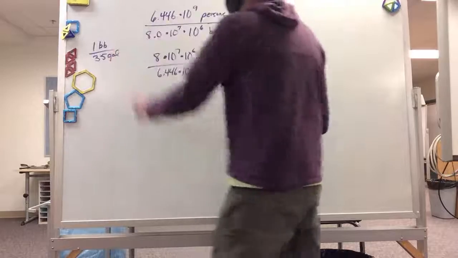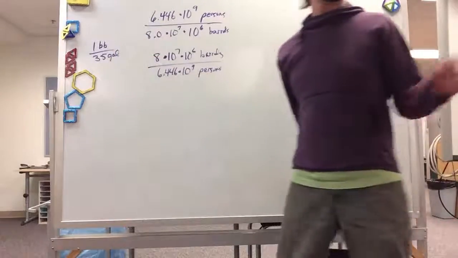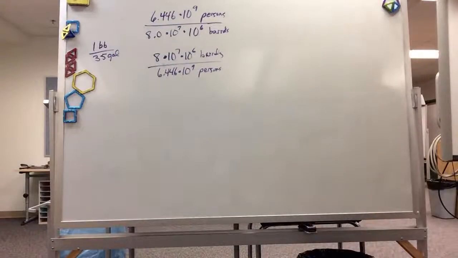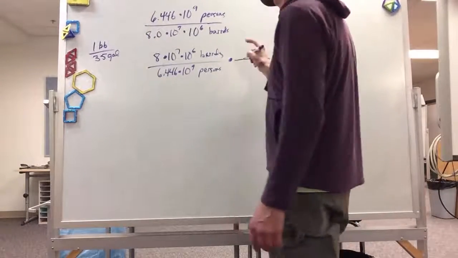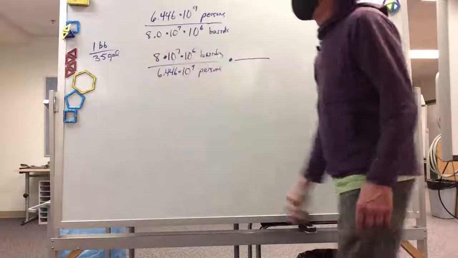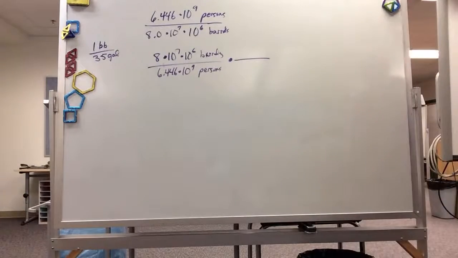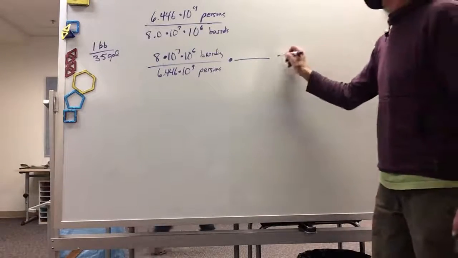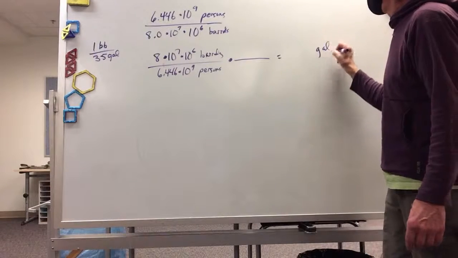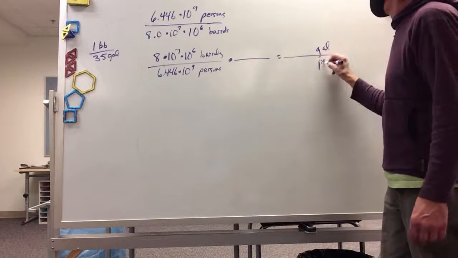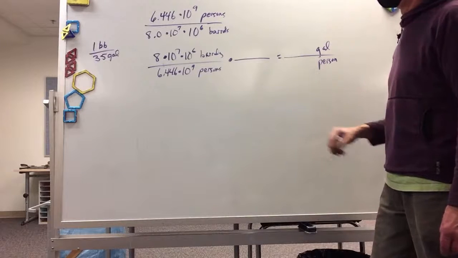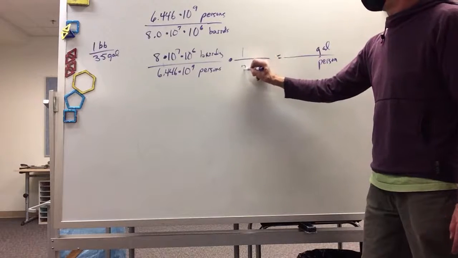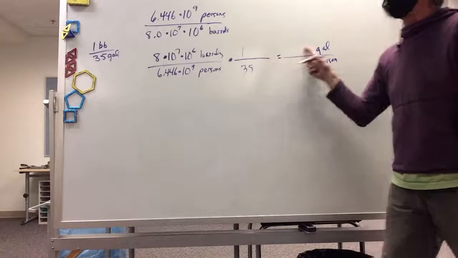And then we can use this to figure out how many gallons of oil a person uses a day. If we multiply that by this fraction, will that give you gallons on the top? We need gallons per person. If I put 1 barrel up here and 35 gallons down here, does that work?